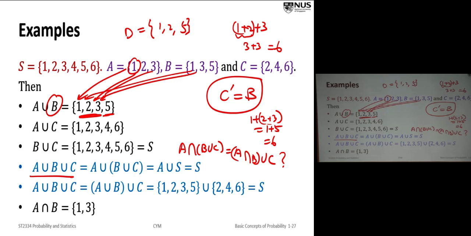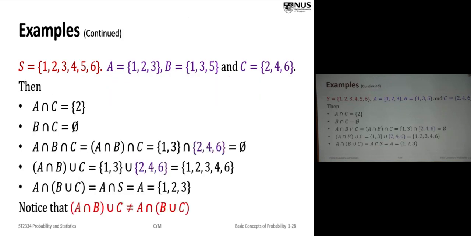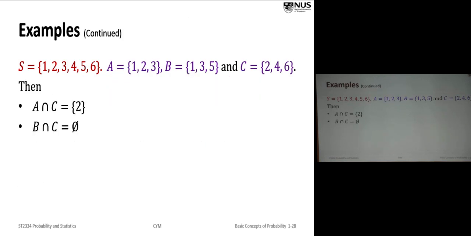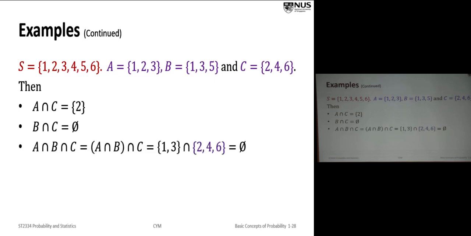You have to check. In fact, in general this is not true, and we can see it here. A intersect C is 2, and B intersect C is the empty set. Now, for intersection, A intersect B intersect C, it doesn't matter which one you intersect first.